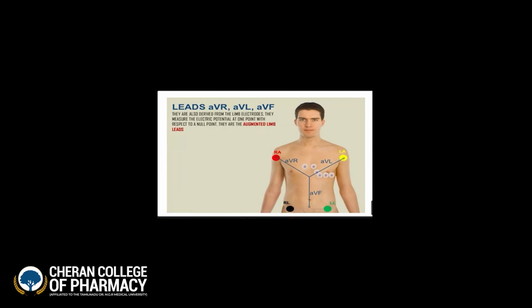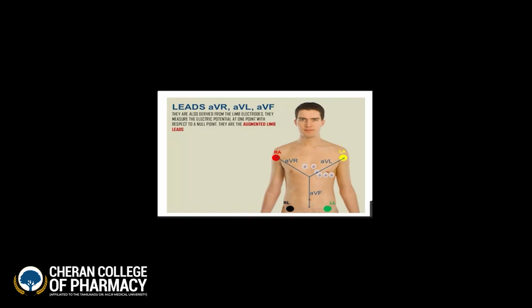Augmented means corner. Now you might know what AVR is. If not, I will explain that AVR should always be negative. Why negative? Because the generation of the impulse starts from the SA node, right? So I can say that AVR is attached to the SA node.